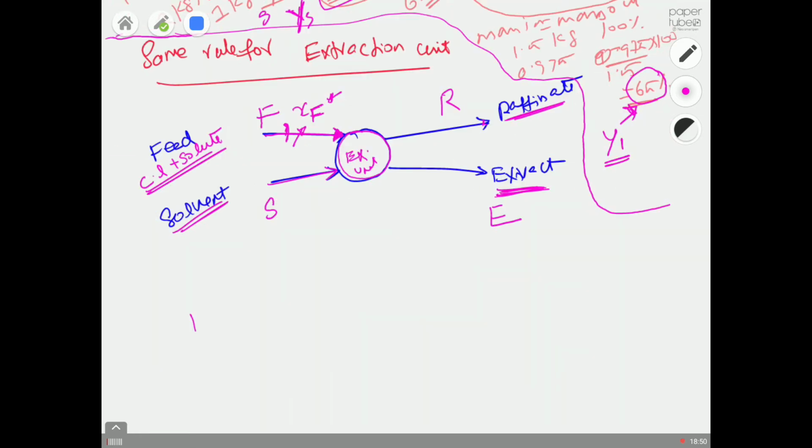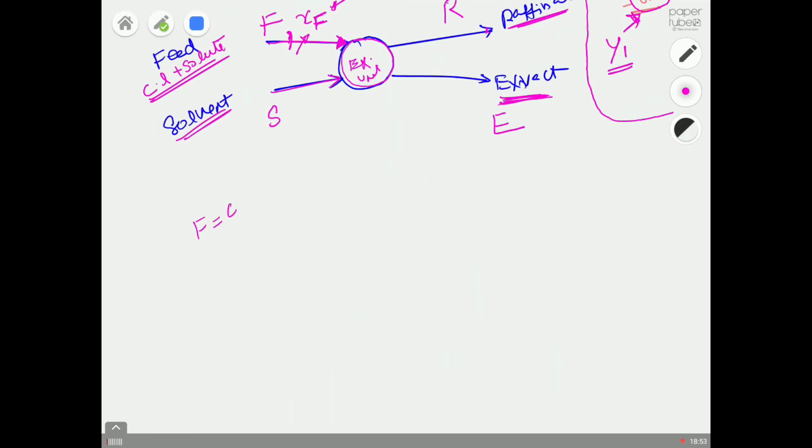Imagine if your feed contains a carrier liquid plus your solute. So if the total mass is say 100 kg, so 100 kg is your F, and say out of this carrier in the feed 50 percent is your solute, which means the mass fraction is exactly 0.5.